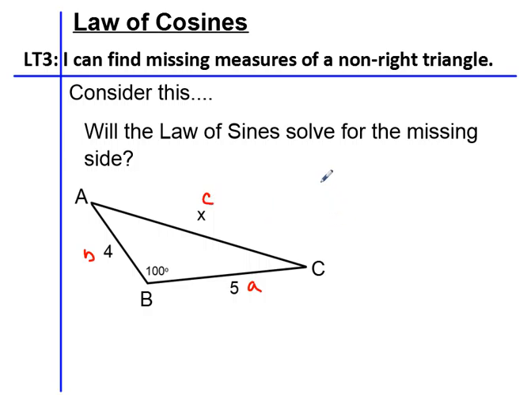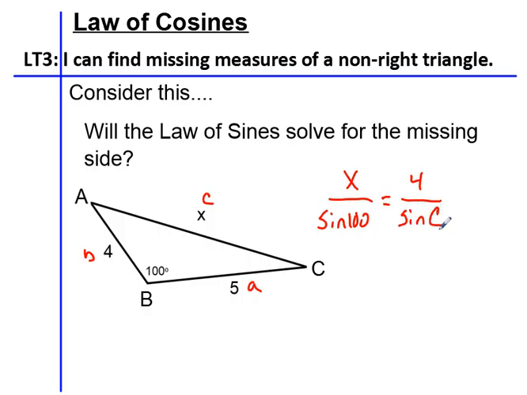So if I try to set up a law of sines situation in order to solve for x, it would look something like this. X over the sine of 100 is equal to, and I guess I'd probably choose 5 or 4, I guess we'll choose 4, over the sine of angle C.